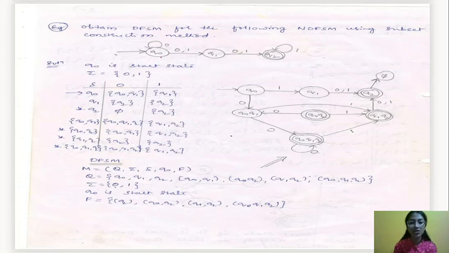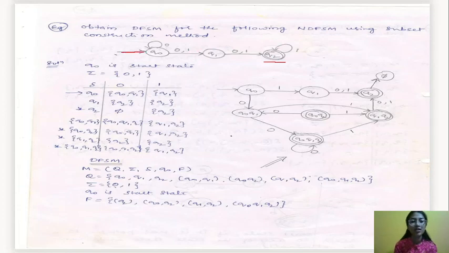Here there is a transition from Q0 to Q1 with input values 0 and 1, and also a self loop on Q0 with input 0. Q1 has transitions to Q2 with 0 and 1, and a self loop on 1, and Q2 is a final state, where all the values are accepted.